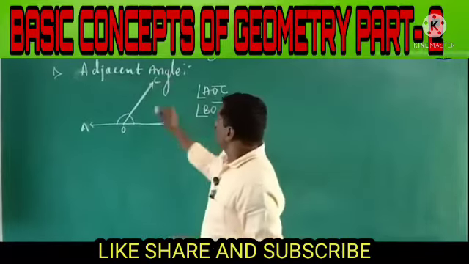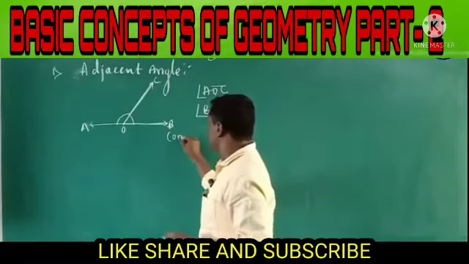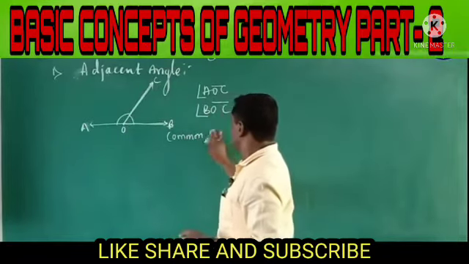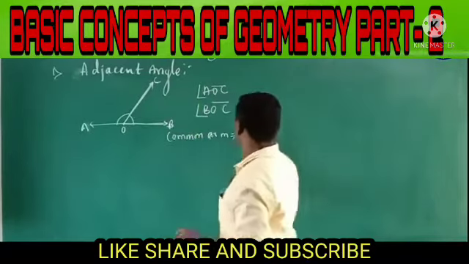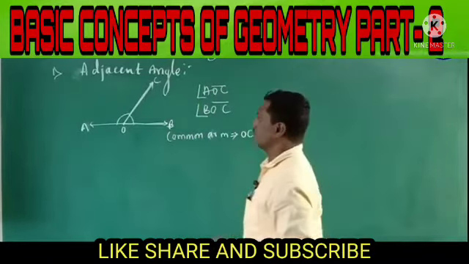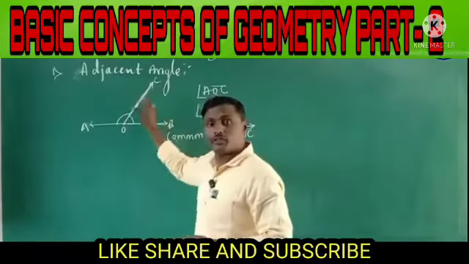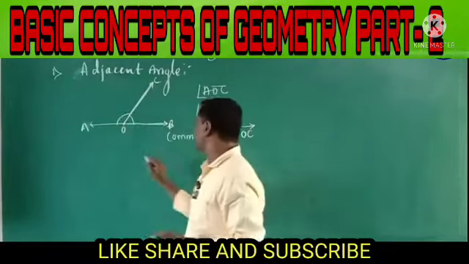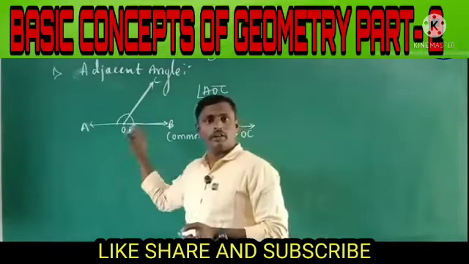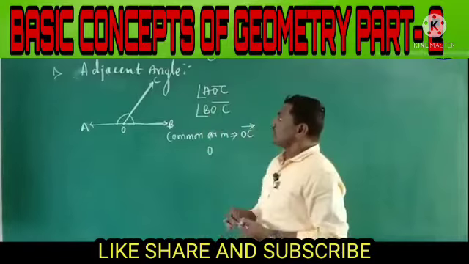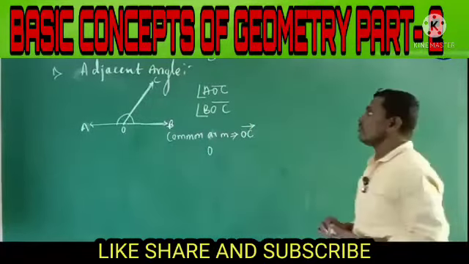Okay. So which is the common arm here? OC is the common arm, right? The ray OC is the common arm or common side of the given two angles, and O is the common vertex. And every adjacent angle has three main points.